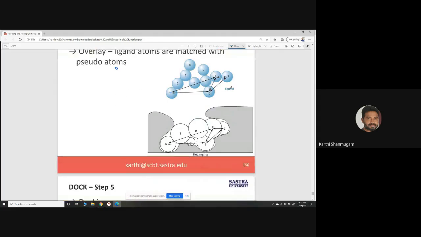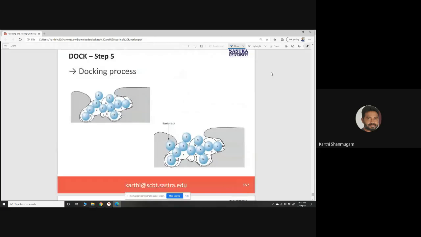So if I show the next slide, to some extent you can understand. Can we say that the ligand molecule is fitted well in this image? Can I say that the ligand molecule is well fitted inside the binding site? Yes, sir. But we cannot say that this ligand molecule is well fitted inside the binding site. Can you tell why?